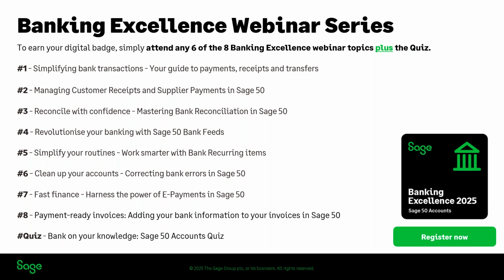Another question that comes through: do you have the link for the bank feed sessions? So if you're wanting to attend the full sessions, I'll quickly show you how you can find that on the Help Centre. Again, you are going to be provided with a link for the registration page.